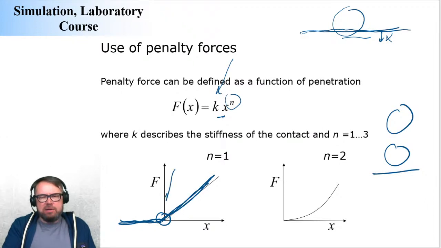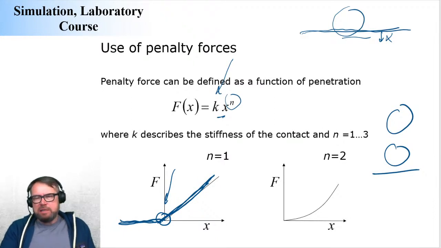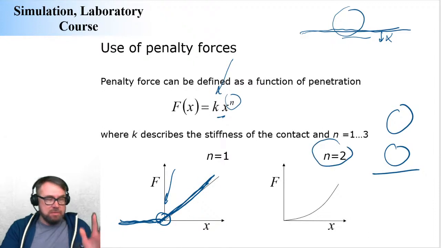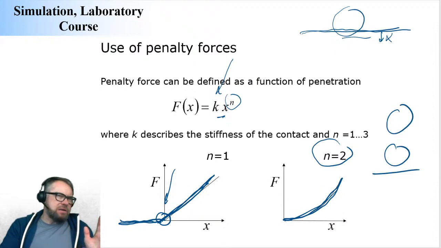You see that here there's this discontinuity that in some cases can cause quite a bit of headache. So what you could do instead is smooth this discontinuity by selecting the power number, this n, to be other than 1. If it is 2, you can see that this is increasing progressively, which is not exactly what you see in real life, but this is computationally more pleasant.